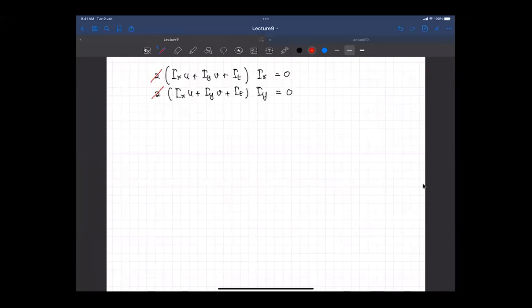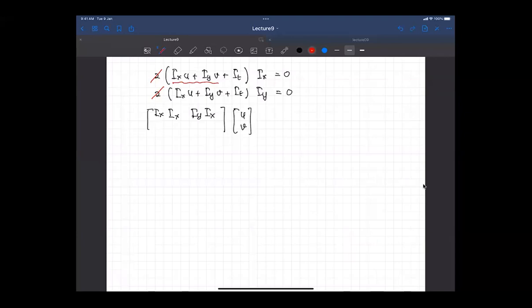So if we cancel that out, then we can transform this into a matrix operation. Ix multiplied by Ix, Iy multiplied by Ix, multiplied by U and V. This will give you this part here, right?